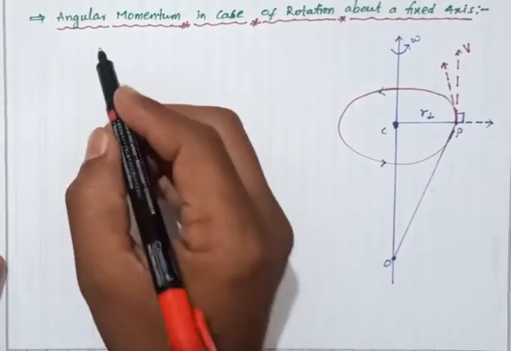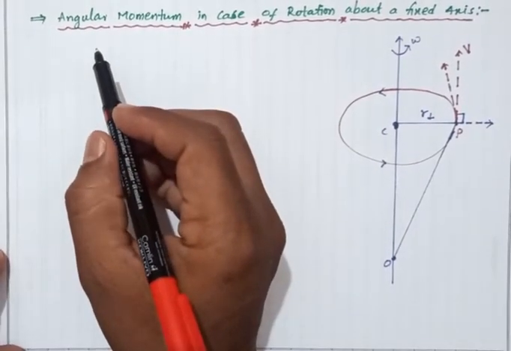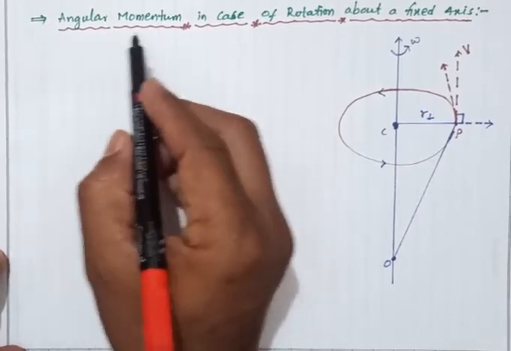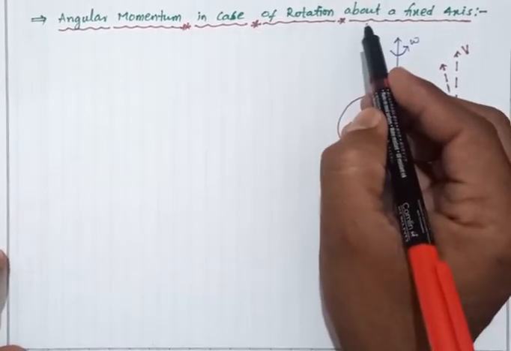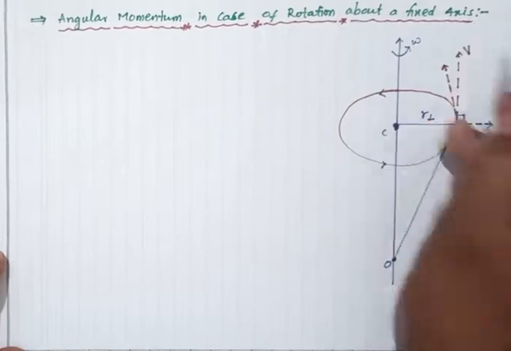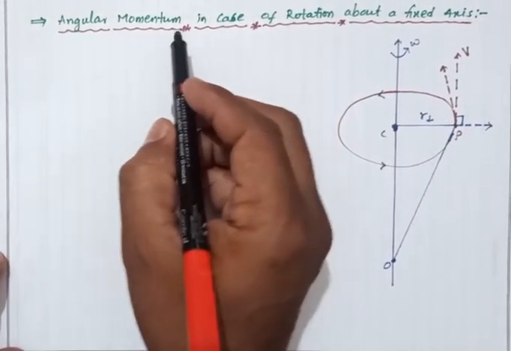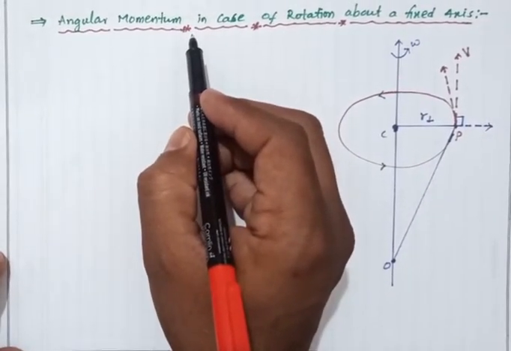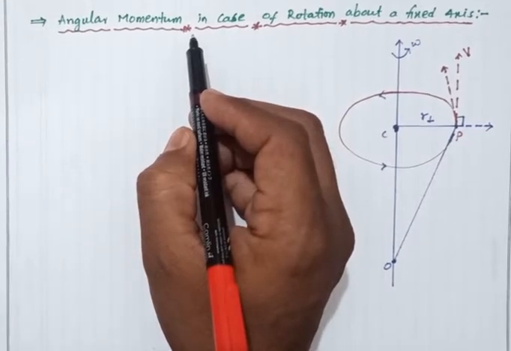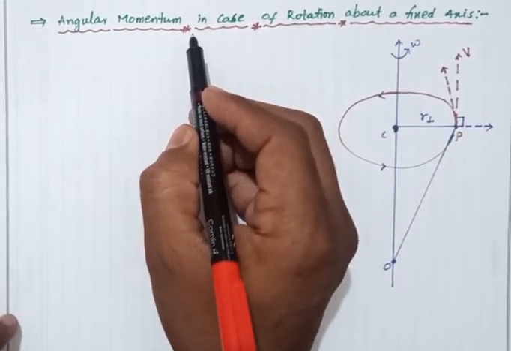Okay, good morning students. We are discussing today the angular momentum in case of rotation about a fixed axis. The angular momentum of a system of particles was already discussed before this topic.